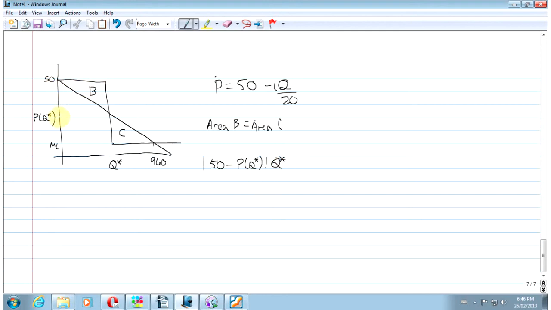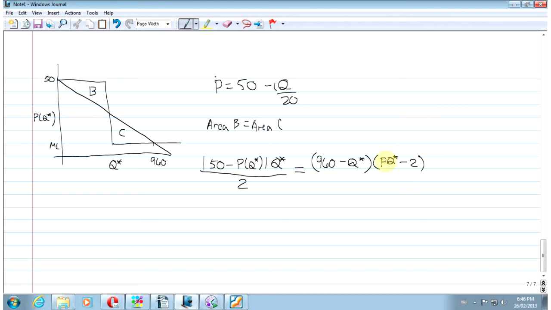Base 50 minus P of Q star times height Q star, all divided by 2, because it's a triangle, and that equals the area of C, which is 960 minus Q star times the price difference, P of Q star minus 2.